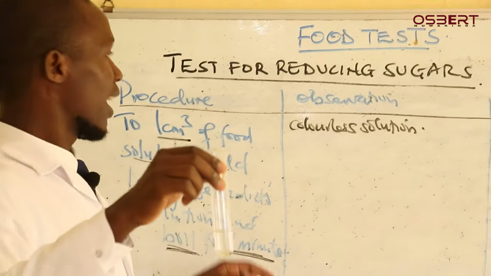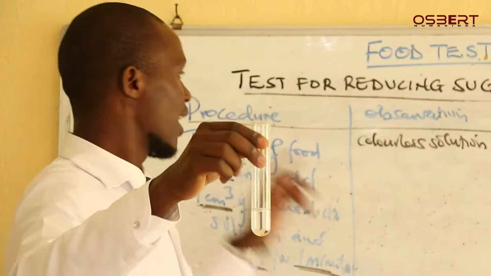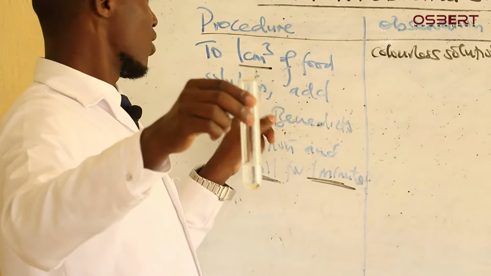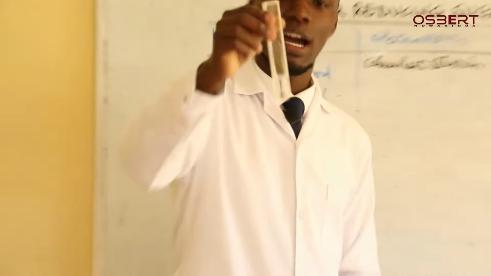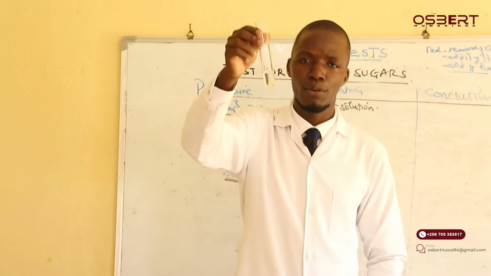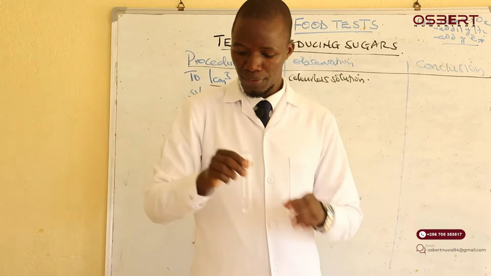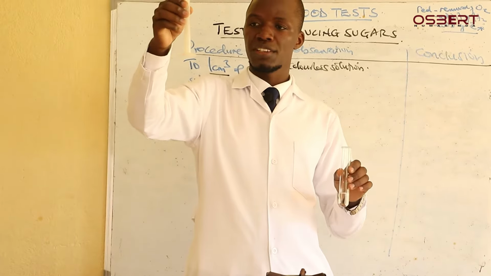So assume I have this solution which is a mixture of reducing sugars, and in this food solution, I am supposed to add 1 centimeter cubed of Benedict's solution. So I first pick a smaller sample. Actually, accuracy is very important as far as practicals are concerned. I have my measuring cylinder here.